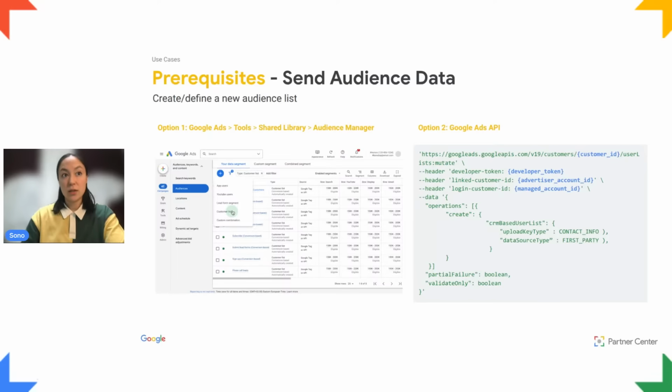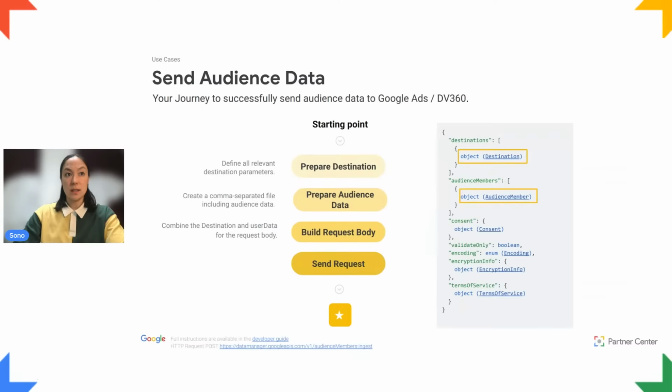Two options here to do so: on the left-hand side, directly in the UI, on the right-hand side via Google Ads API, because as of now, we are not supporting creating new audience lists via DM API. But if you're a Google Ads API user, you are able to create them directly there. This is the one requirement we would have. Otherwise, it would end up nowhere, sending those audience lists.